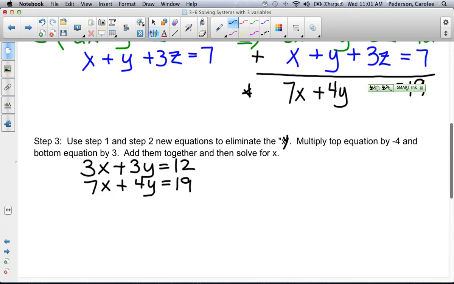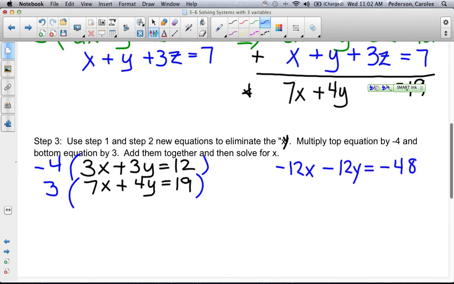So we multiply the top one by -4 and the bottom one by 3. We get negative 12x, negative 12y, and negative 48.